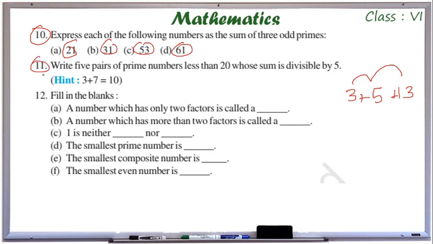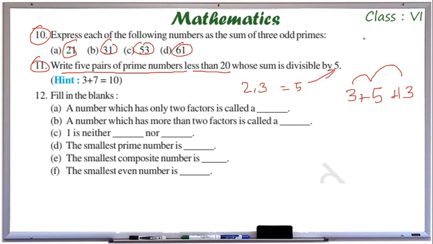And coming to the 11th question: write 5 pairs of prime numbers less than 20 whose sum is divisible by 5. You have to write 5 pairs of prime numbers which are less than 20 and the sum must be divisible by 5. For example, 2 and 3. The sum is 5 and 5 is divisible by 5.